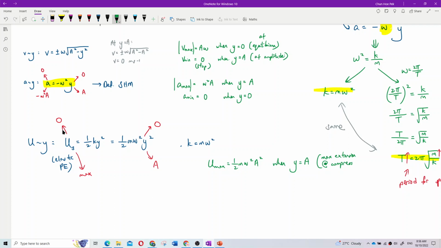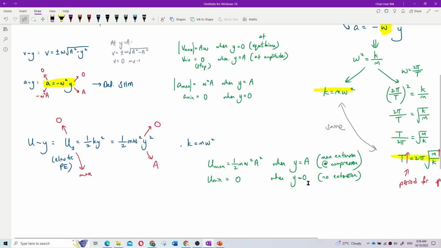But potential energy is minimum at 0 when at equilibrium in the spring, no extension or no compression. So no elastic energy is stored in the spring. Very simple, right? Good. So that's the equation to calculate the potential energy.